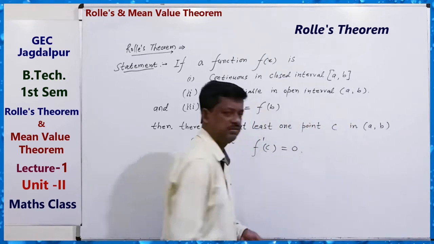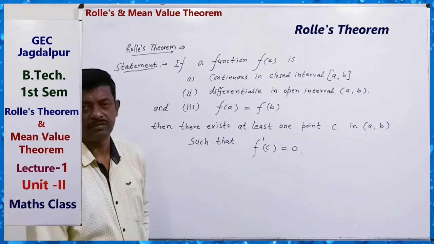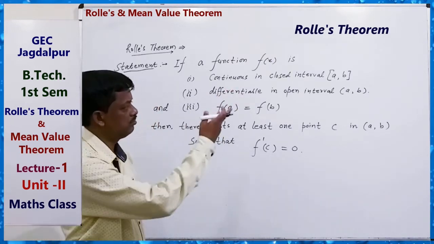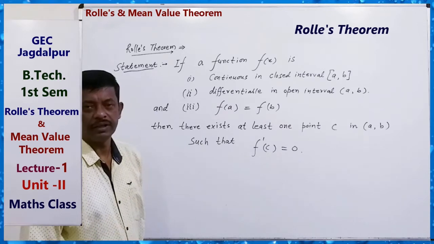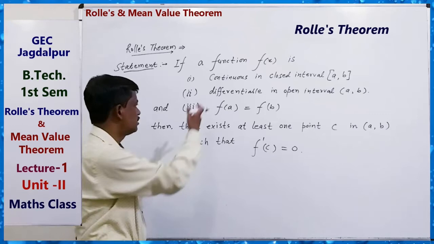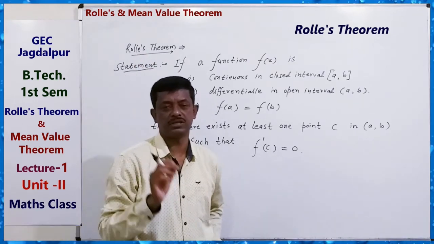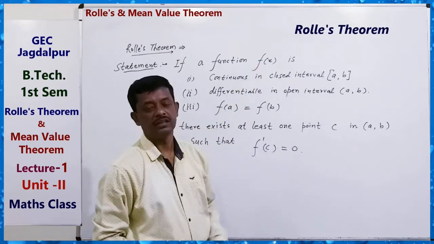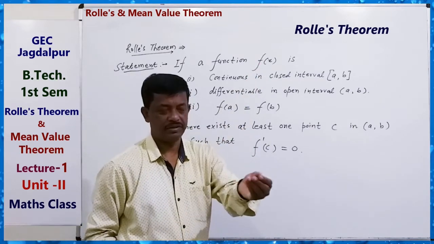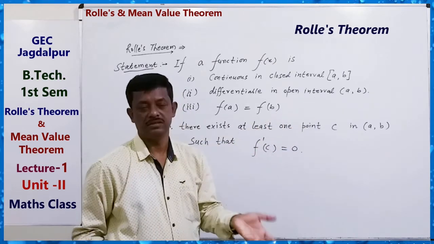Now, for proving it, we can prove it algebraically by using the definition of derivative, and also geometrically by drawing a diagram. These three conditions should be satisfied. These are the conditions for Rolle's theorem. If they are satisfied for a function, then we can get a point in between a and b such that the derivative will be 0.